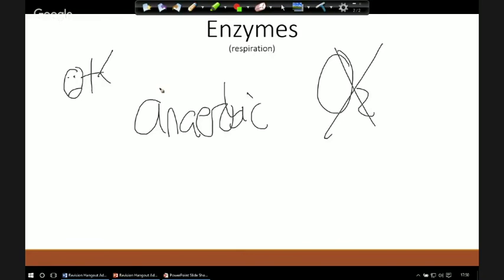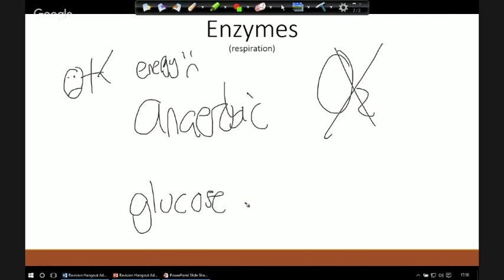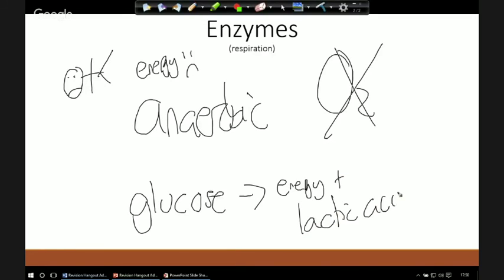Now, we don't do this normally because anaerobic doesn't give us anywhere near as much energy. And the other problem of anaerobic is we take our glucose, but without the oxygen, we can't make carbon dioxide and water. Instead, we get our small amount of energy, but we also get lactic acid. Lactic acid gives us cramp. It causes us to have an oxygen debt to try and remove it.